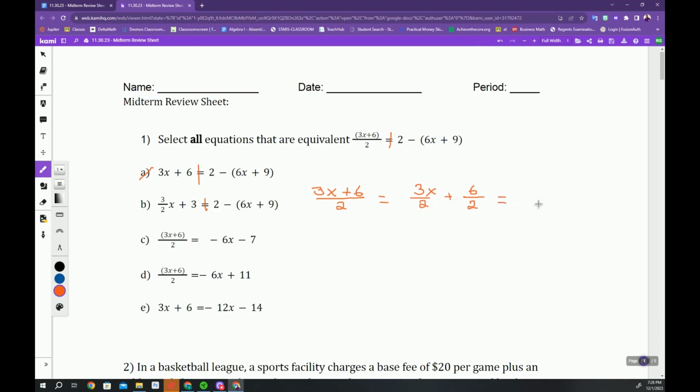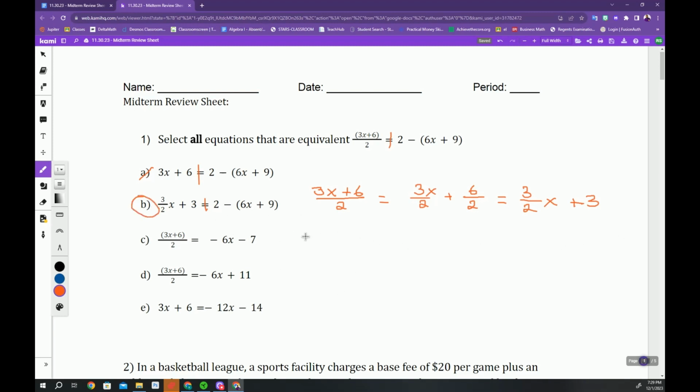So this is the same as saying 3 over 2 x, and then we simplify 6 divided by 2, which is positive 3. So 3 over 2 x plus 3 is the same thing on this side. All they did was simplify. They didn't add, subtract, multiply or divide anything. So this equation is equivalent.